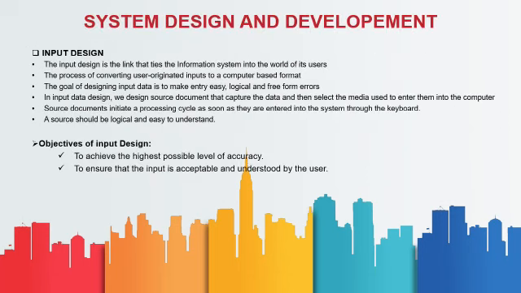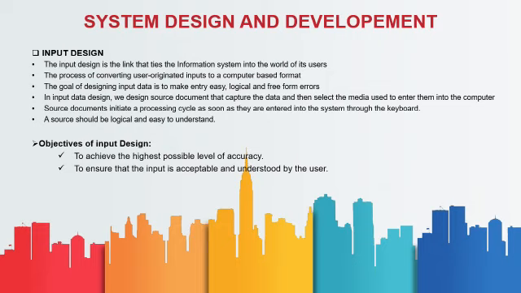And the next slide is about system design and development. The system design, so obviously input design and output design. The input design is the link that ties the information system into the world of its user. It is a process of converting user-originated inputs to a computer-based format.